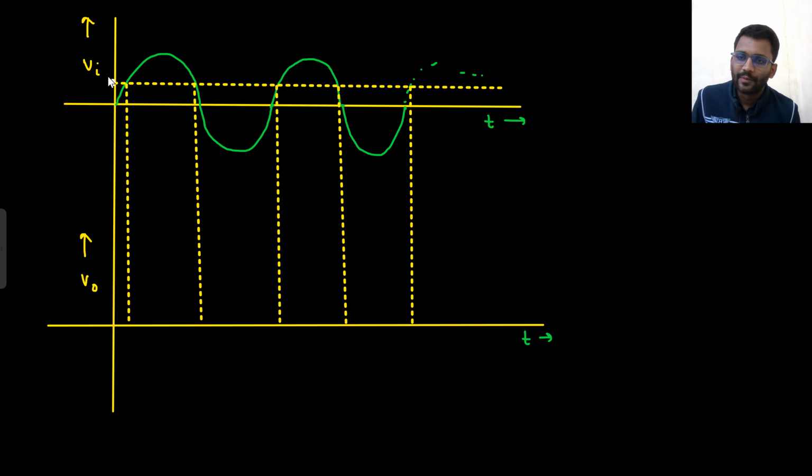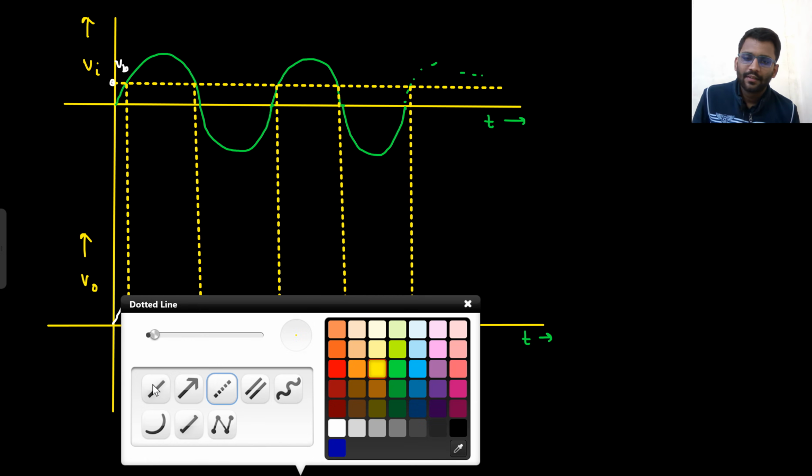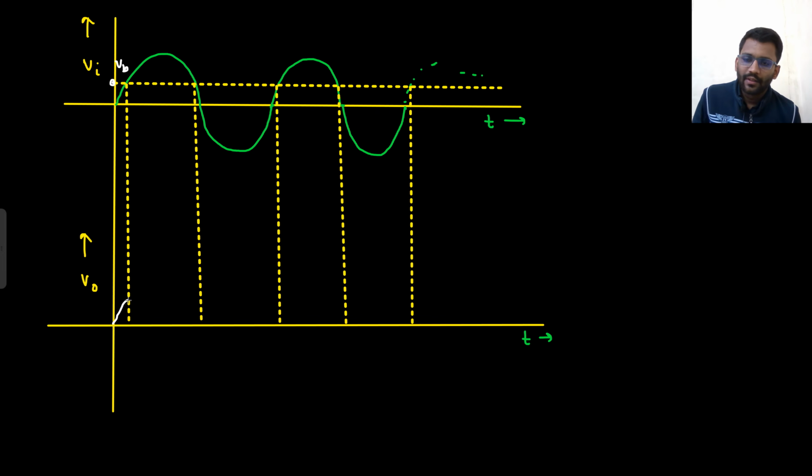Let's assume this point is VB. So for V in less than VB, it will be like this. Then after that, it will be constant at VB only, right?